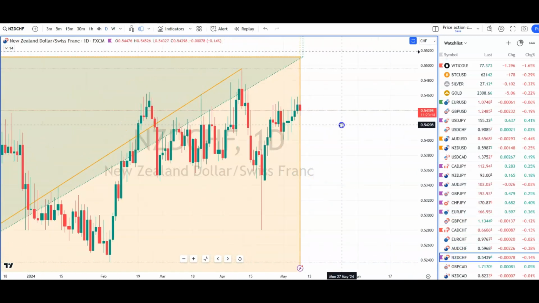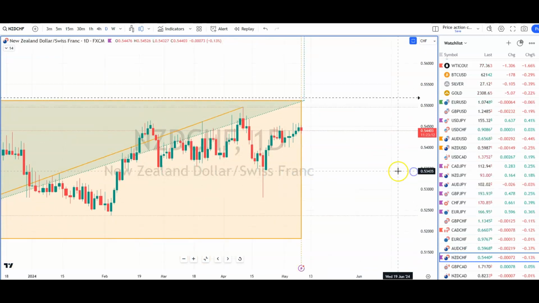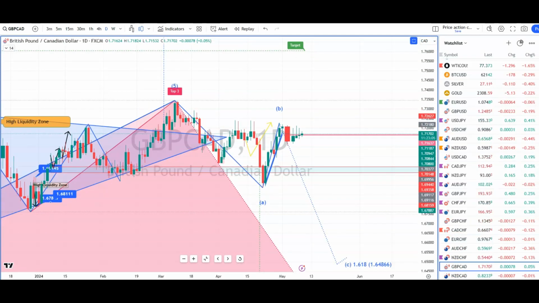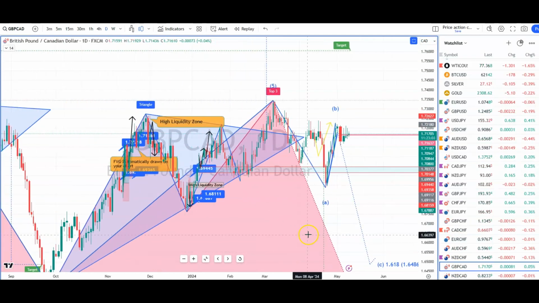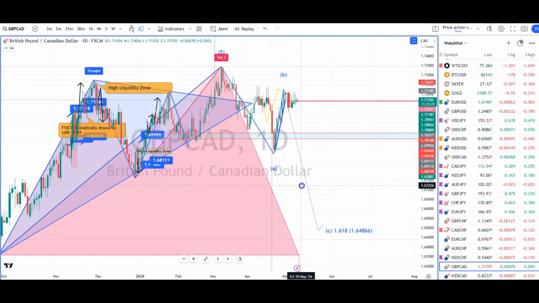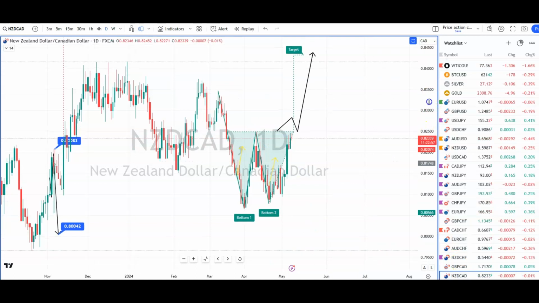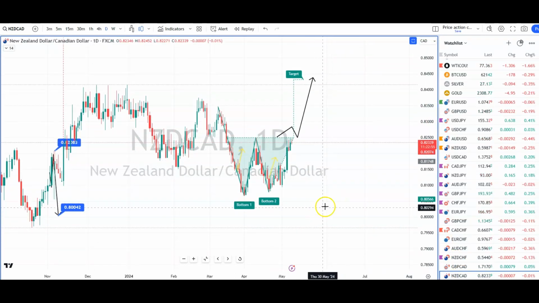New Zealand Swiss straight away. You can see it's consolidating. Pound Canadian. Lots of congestion there, doesn't tell me anything. Double bottom on the New Zealand Canadian, so this is red hot.